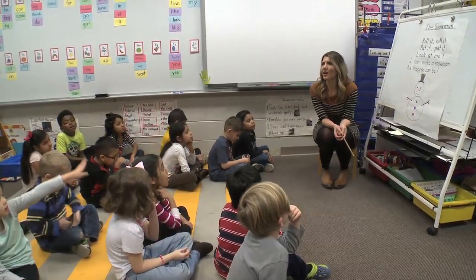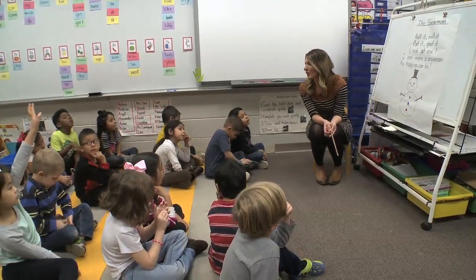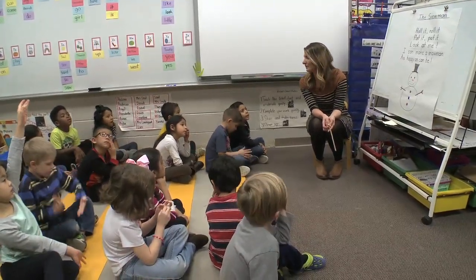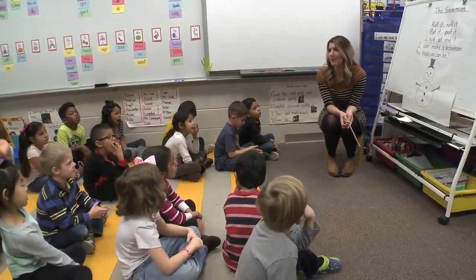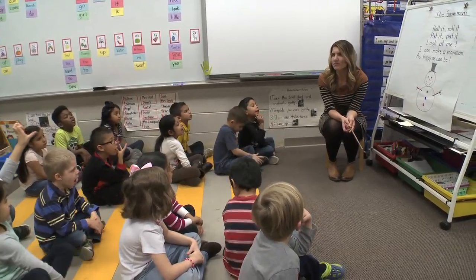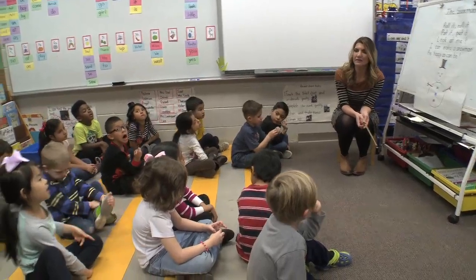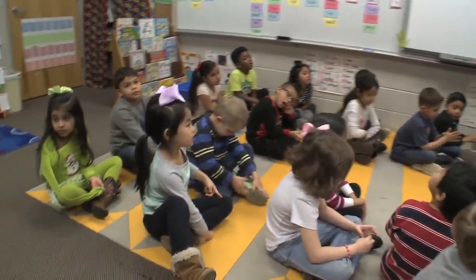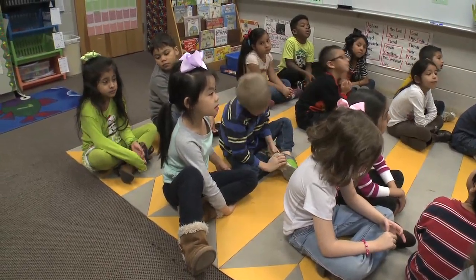What do you hear? Roll it, look at me. I can make a snowman as happy as can be. I know. What are you hearing, Annie? What do you hear when we say that poem?